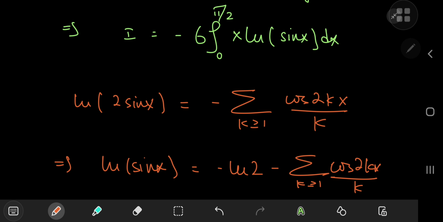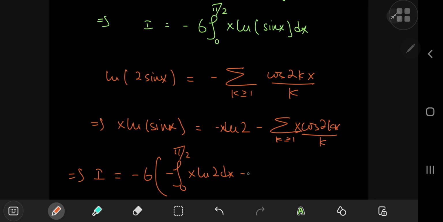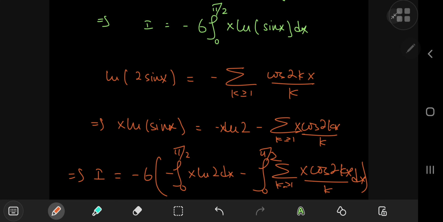So for integration purposes, all I have to do is multiply everything by x and integrate from 0 to pi by 2 and multiply by 6 to get the target integral I. So this implies that I equals negative 6 times the integral from 0 to pi by 2 of negative x times log 2 dx minus the integral from 0 to pi by 2 of the sum over k of x times the cosine of 2kx divided by k dx.